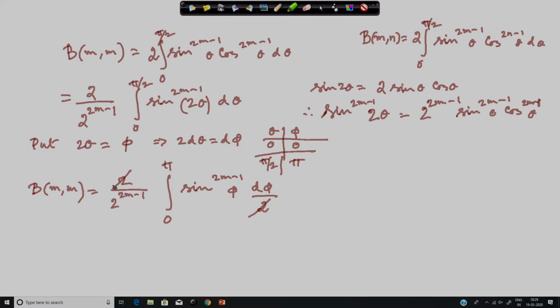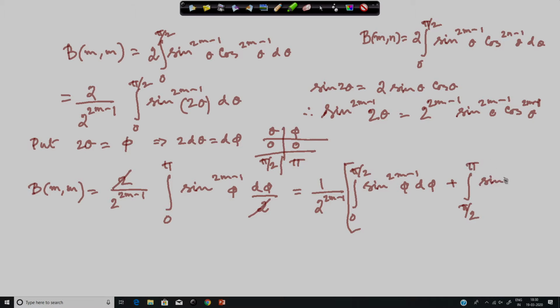So, for that we have to manipulate like this: we split the interval from 0 to π/2 and from π/2 to π, dφ.